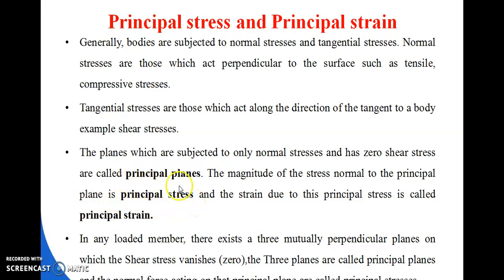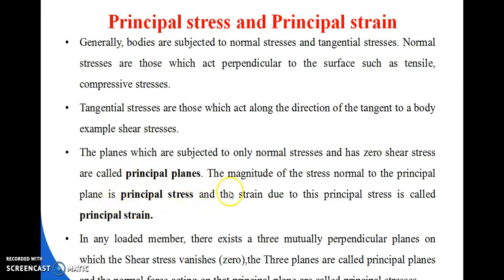Then the magnitude of the stresses normal to the principal plane is the principal stress. That means on the principal plane, whatever stress is developed, its magnitude, that value, is known as the principal stress. As an example, if 20 kilonewton per meter square is the stress value, then your principal stress is 20 kilonewton per meter square.